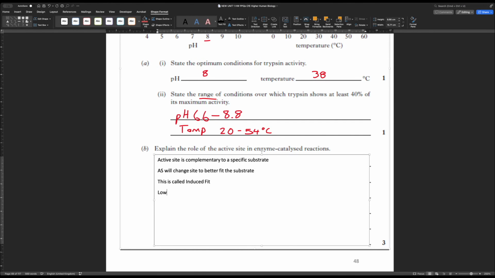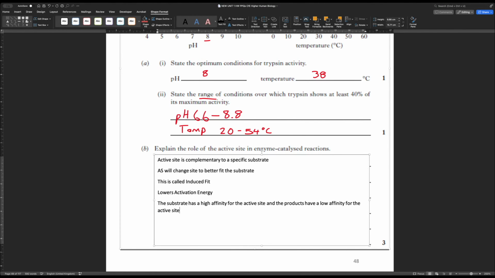We know that this lowers activation energy, and we also know that the substrate has a high affinity for the active site, and the products have a low affinity for the active site.